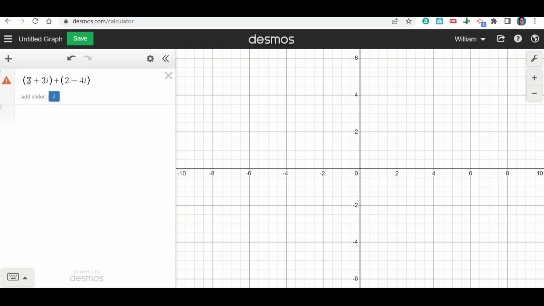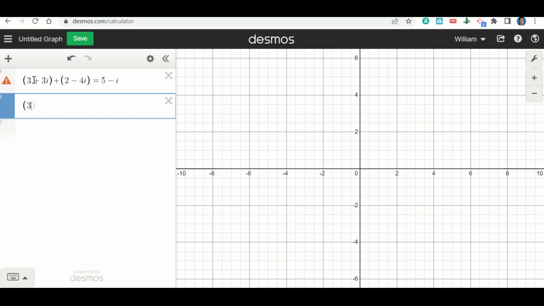Well, when I add them together, I get 3 plus 2 is 5, and 3i plus minus 4i is negative i. So that's what I think it should be. So I'm going to just go ahead and put that in here for now. I think it should be 5 minus i. Well, we can check our work by putting it in coordinate form.